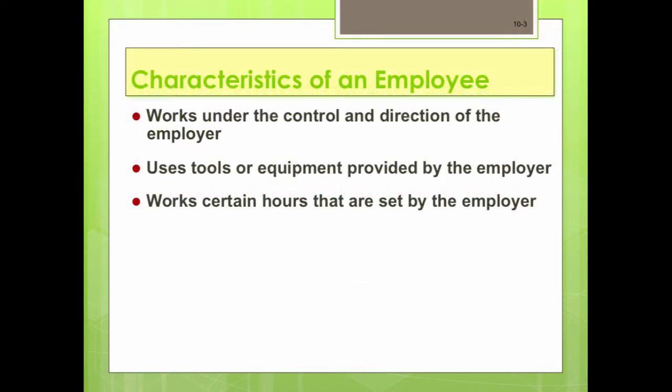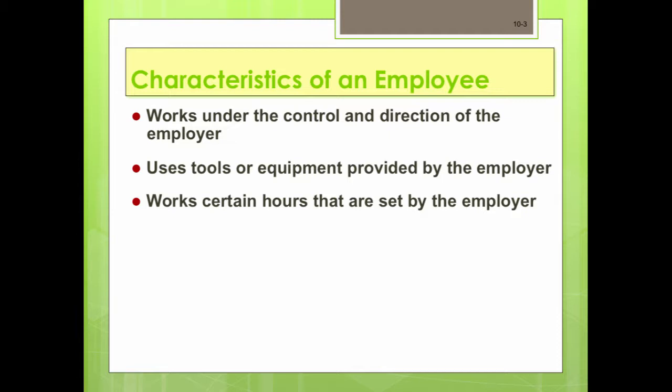Let's begin by defining what an employee is. An employee is a person who is hired by and works under the control and direction of the employer. In most situations, an employee works in the employer's facility, uses the employer's tools, and is under the employer's direct supervision.